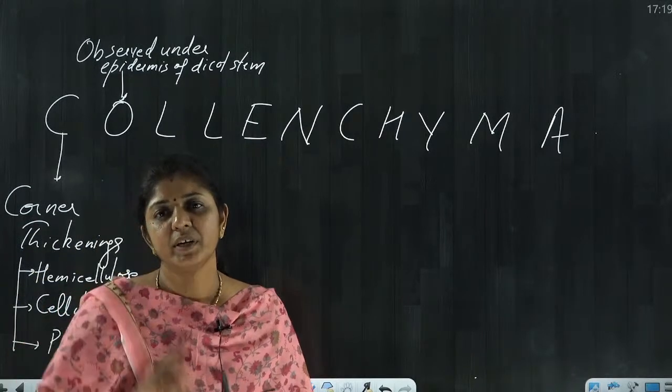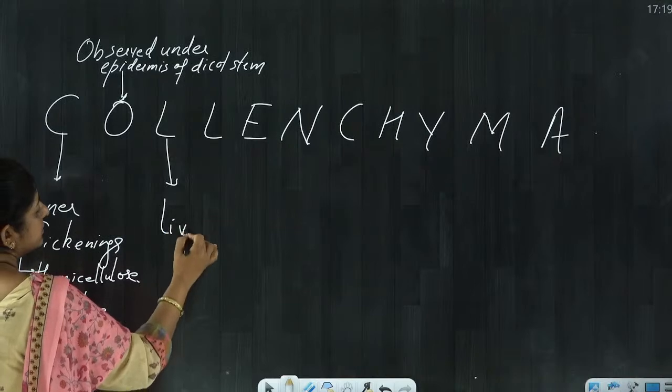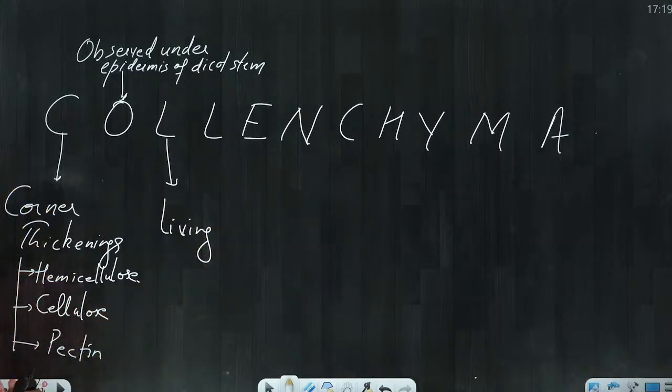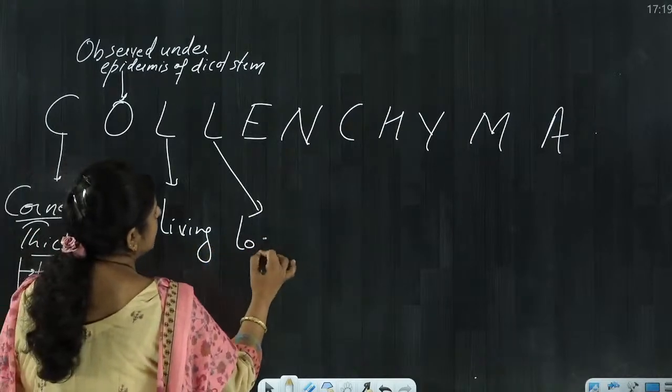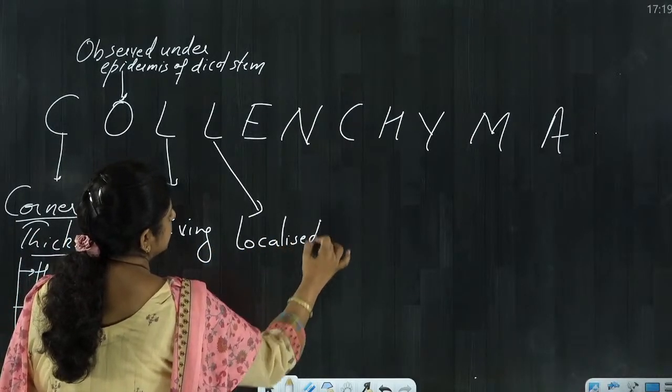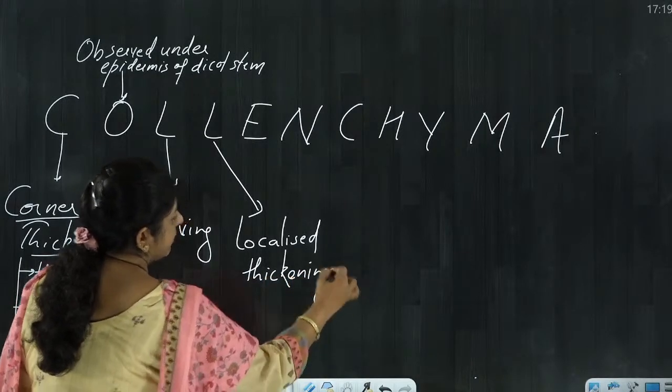What is that layer? We will discuss. So that is there, and they are living cells, right? They are not dead cells. And obviously corner thickening, you even call it localized thickenings, right?